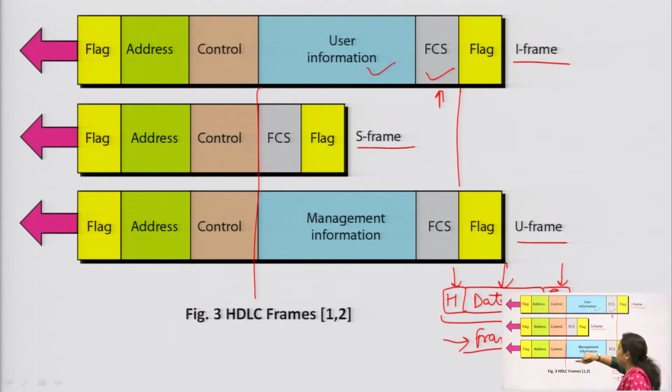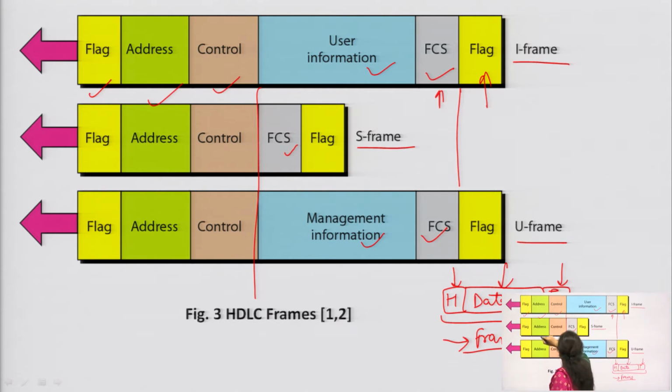Now, you can see that all the 3 frames have different constructions. The I frame consists of user information and FCS, the S frame consists of FCS, and the U frame consists of management information along with the FCS. This is headed by flag information, then address, control information, and ended again with the flag.